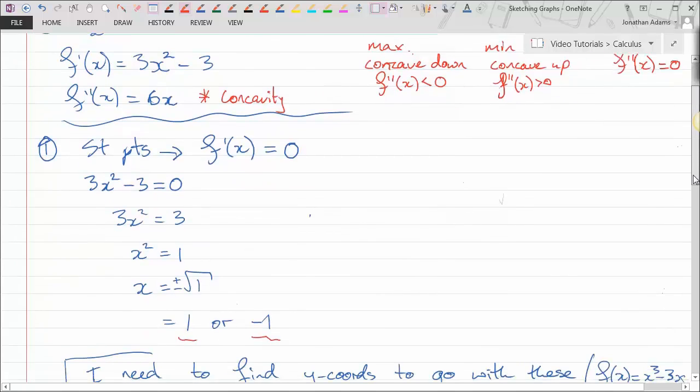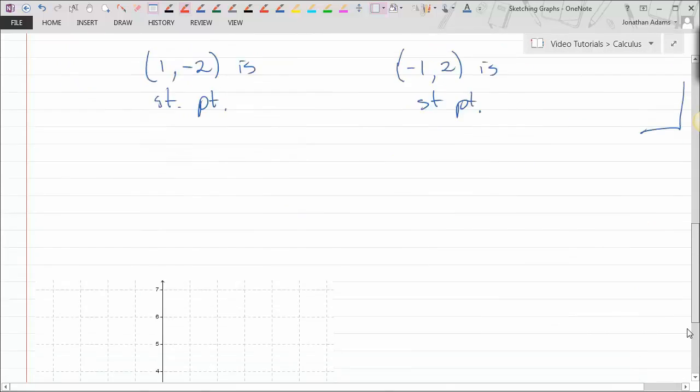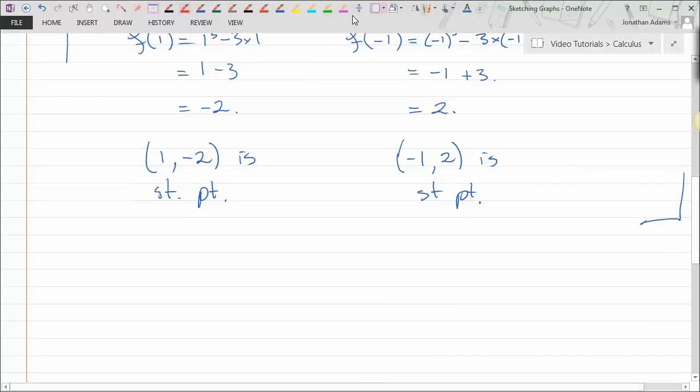So what we're going to do is apply the idea of the second derivative to our two stationary points that we've found. I'll just give myself a little bit more room to work with here.